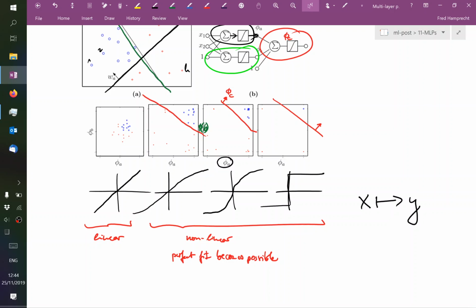And as always, something like cross-validation can be helpful in then deciding how strongly you do want to regularize.